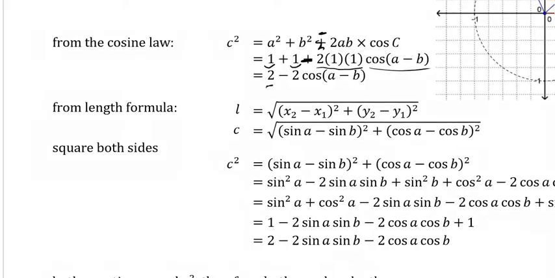Then we use the length formula. You also learned this in grade 10. See how important a year grade 10 is? You learn so many of these key ideas in grade 10. Length formula. The length between any 2 points on a Cartesian plane comes from the Pythagorean theorem, right? So the difference between the x values squared plus the difference between the y values squared, and then I take the square root. It's from the Pythagorean theorem, if you don't remember.